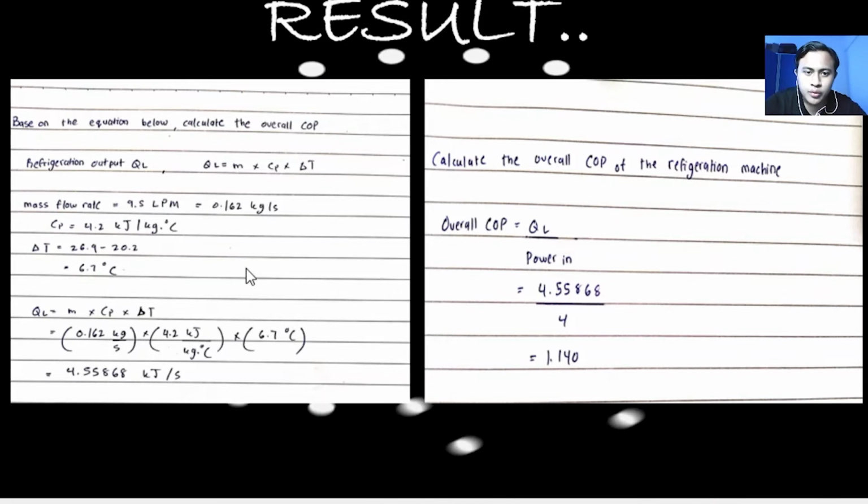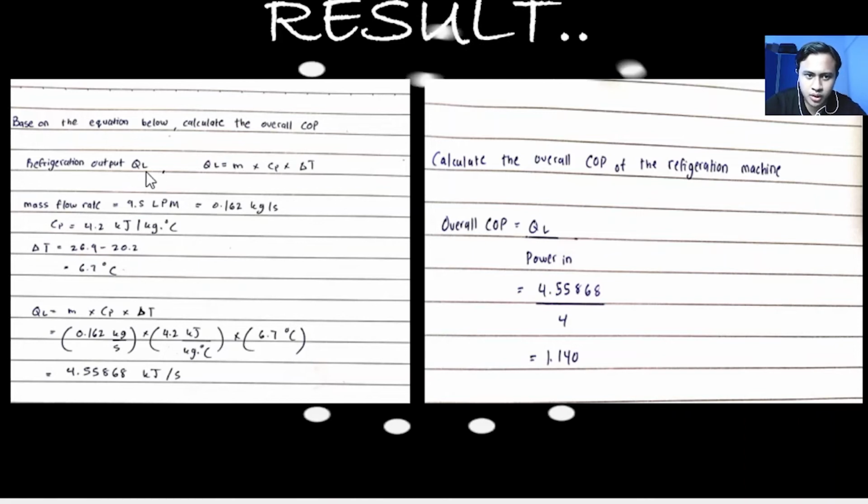So we need to calculate the overall COP. For refrigeration output, we must find the refrigeration output QL.